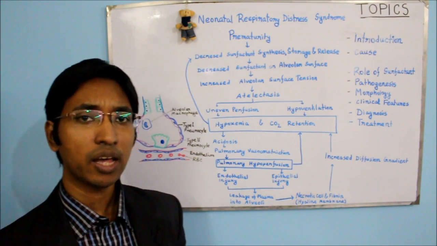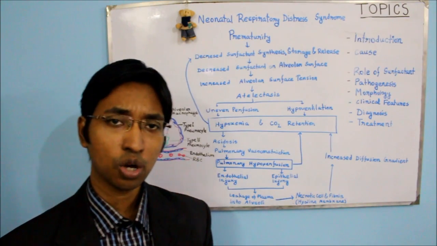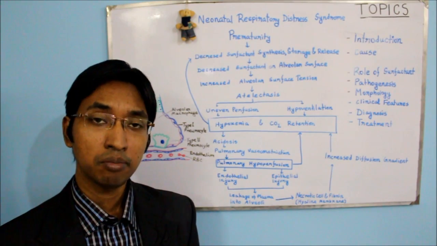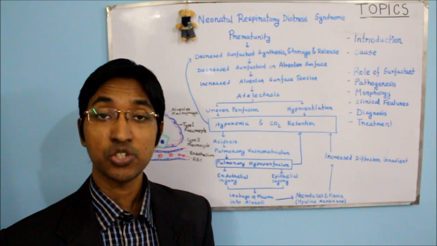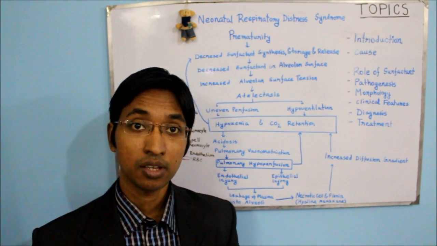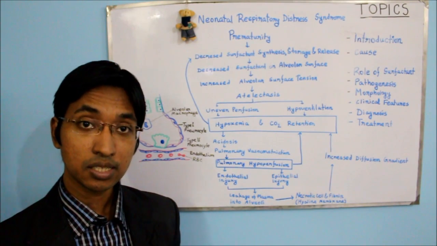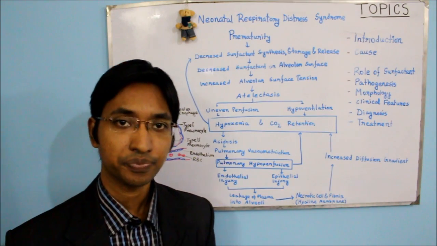And this will have an advantage, since the lungs are not collapsed at the end of expiration. So under normal condition, the baby will not require high inspiratory pressure in the subsequent breathing, and the baby will breathe with less effort during the subsequent breathing.